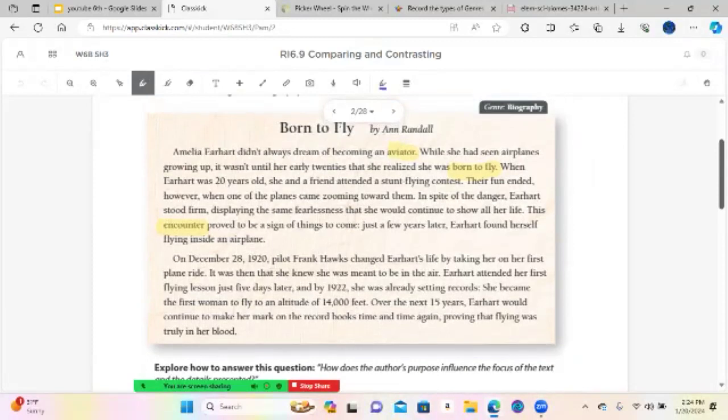All right, so we can see here that in this one, Born to Fly, she took her first airplane ride on December 28, 1920.